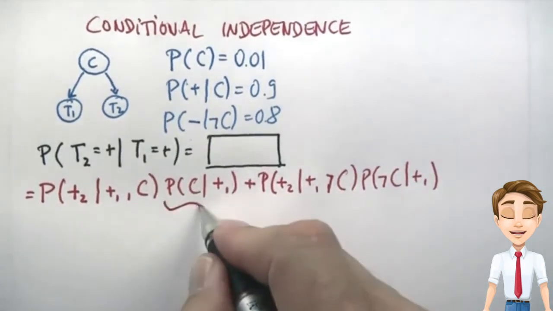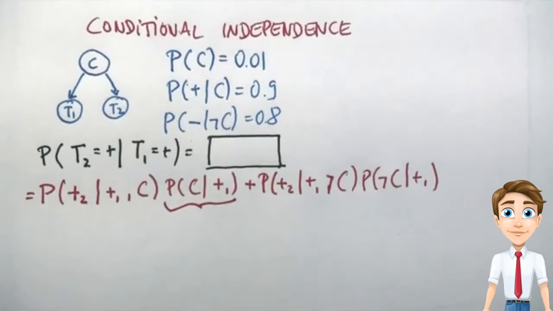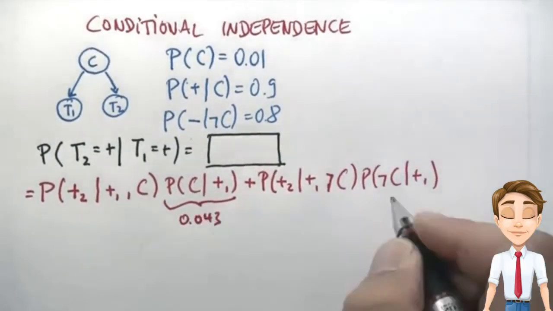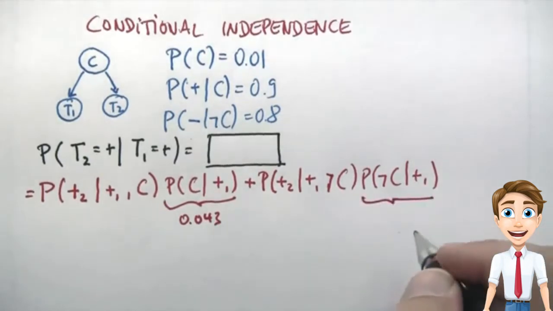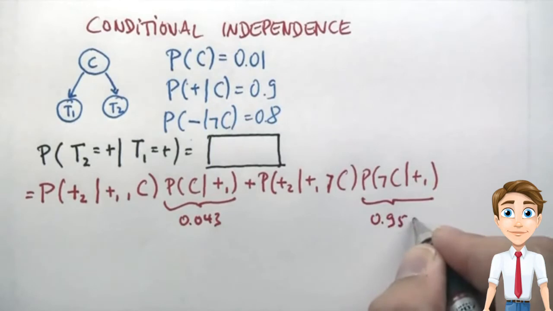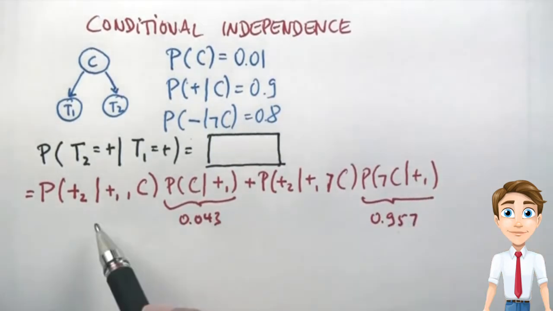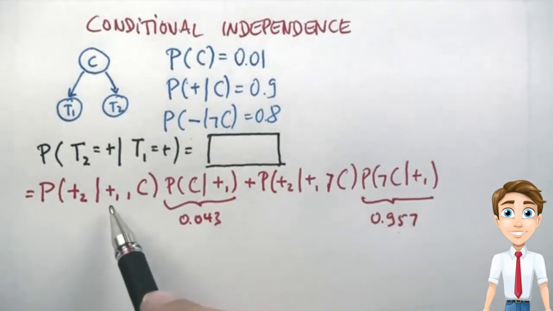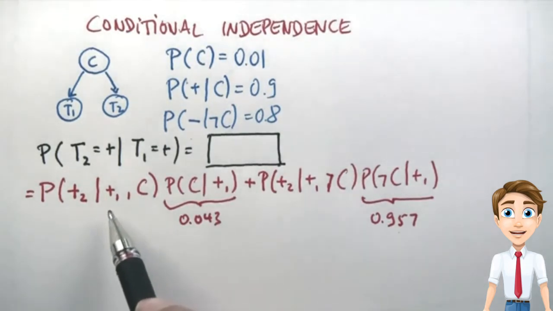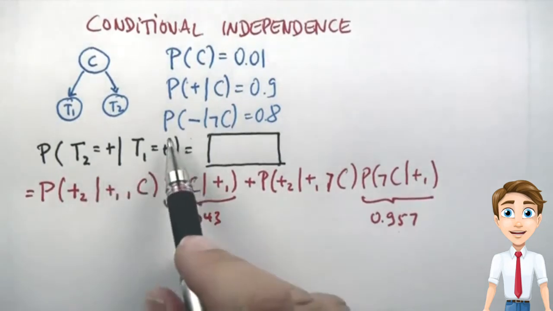We already calculated this one before, which is approximately 0.043, and this one over here is 1 minus that, which is 0.957 approximately. And this term over here now exploits conditional independence, which is, given that I know C, knowledge of the first test gives me no more information about the second test. It only gives me information if C was unknown, as was the case over here.